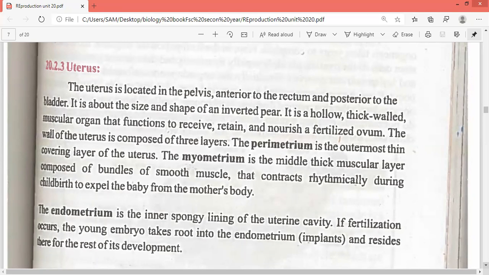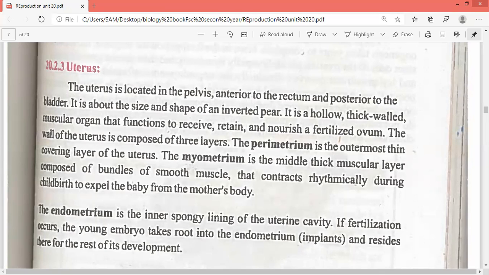The wall of the uterus is composed of three layers. Okay? Perimetrium outermost, myometrium middle, endometrium within: peri, myo, endo. The myometrium is the middle thick muscular layer composed of bundles of smooth muscle that contract rhythmically during childbirth to expel the baby from the mother's body.